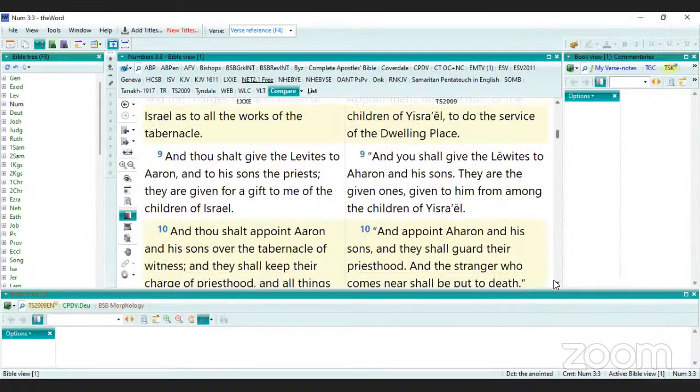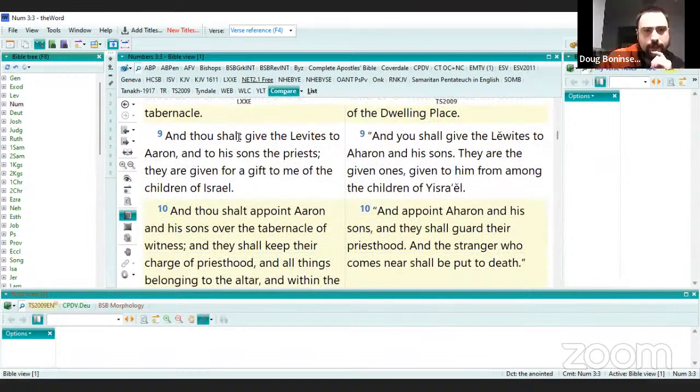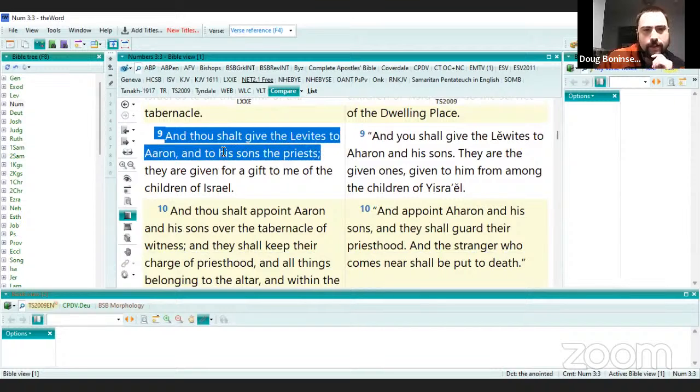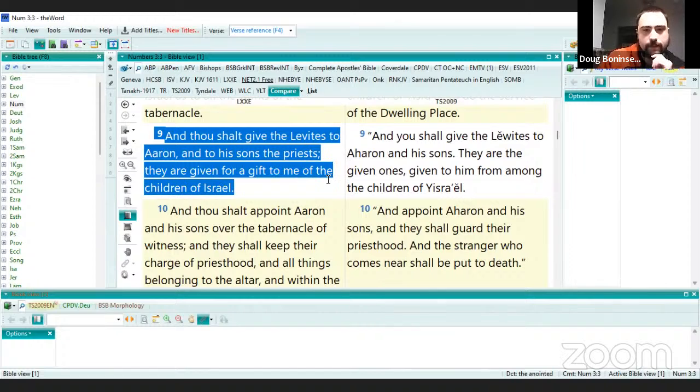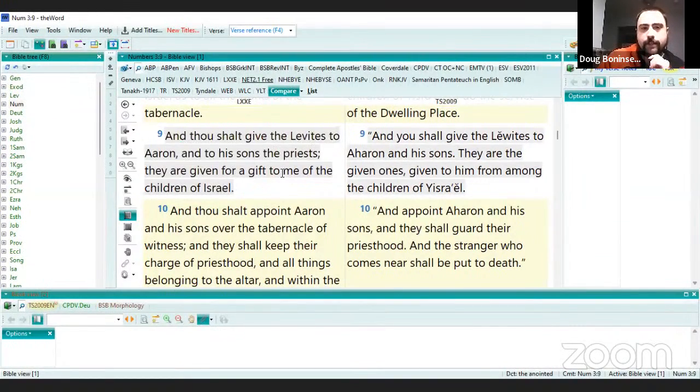9:3. Yeah, let's see here. You shall give the Levites to Aaron and his sons, the priests. They are given for a gift to me of the children of Yahshua. My bad, I should say me versus him.